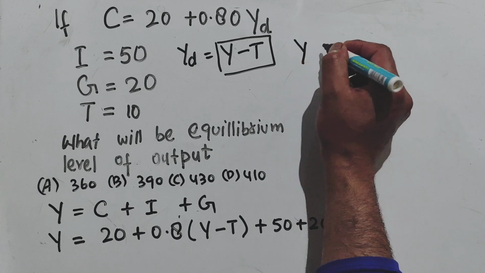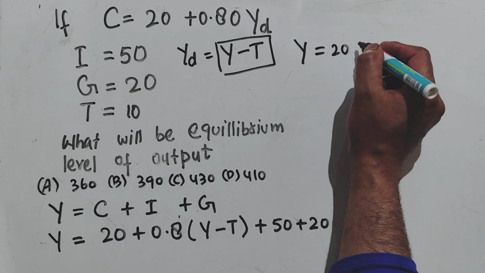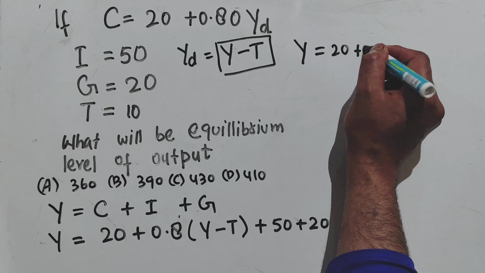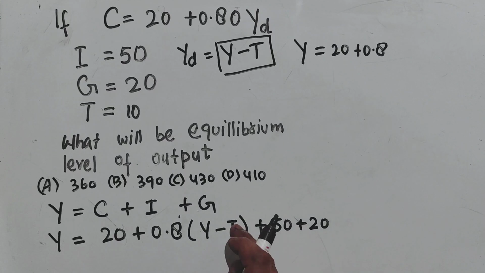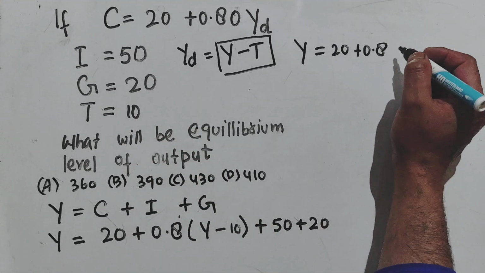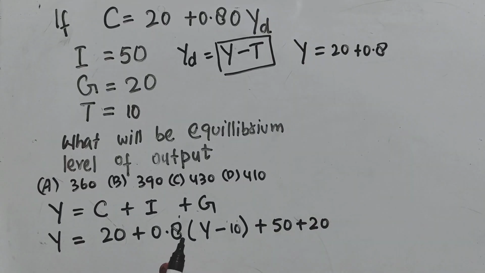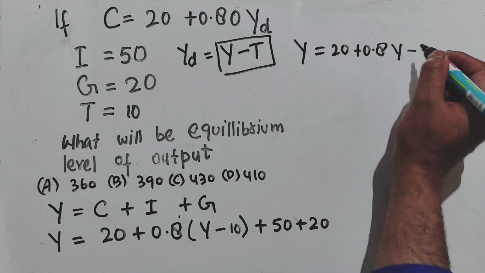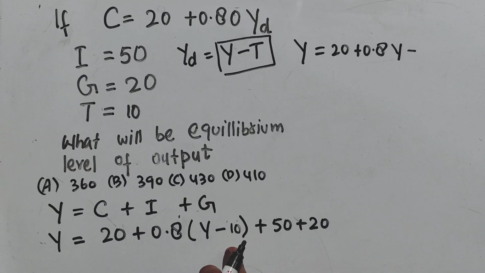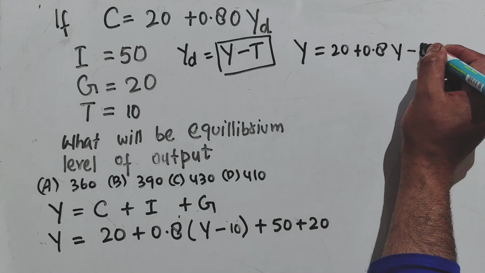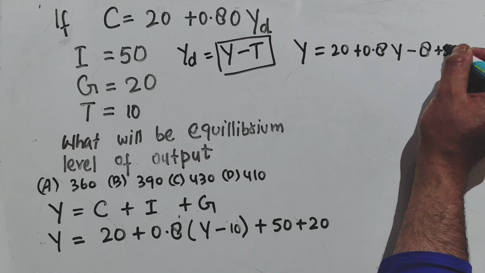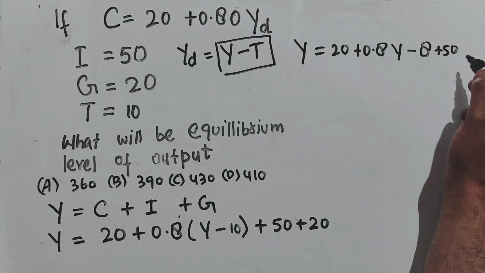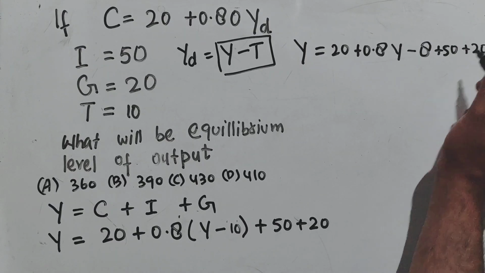Solving further, Y will be equal to 20 plus 0.8, and T is being given to us as 10 here. So we will get here 0.8 times Y minus 0.8 times 10, which is 8, then we have plus 50 plus 20.